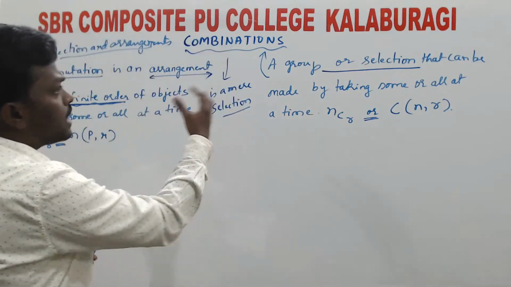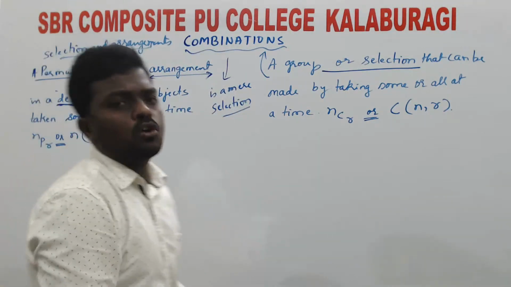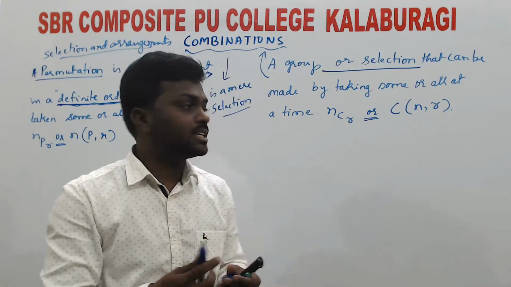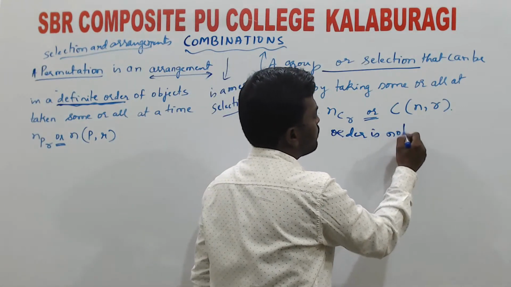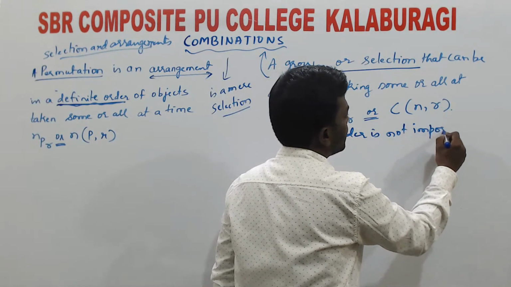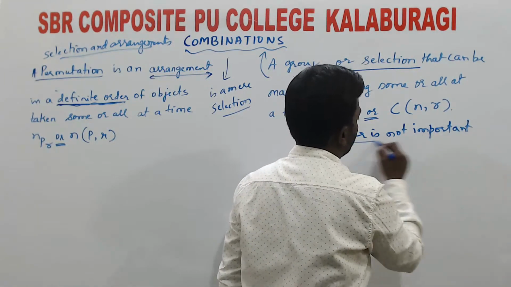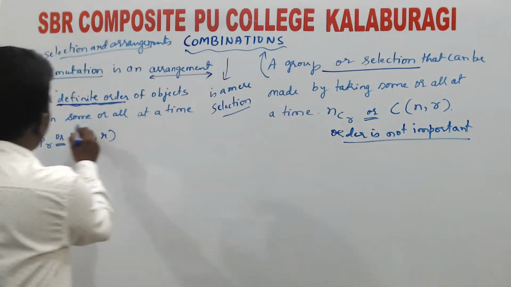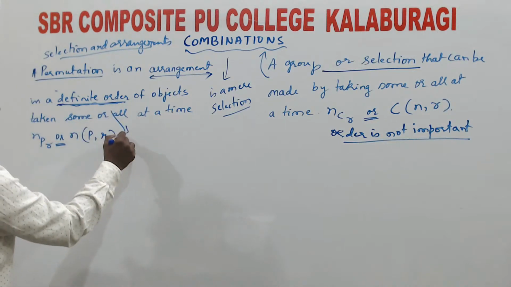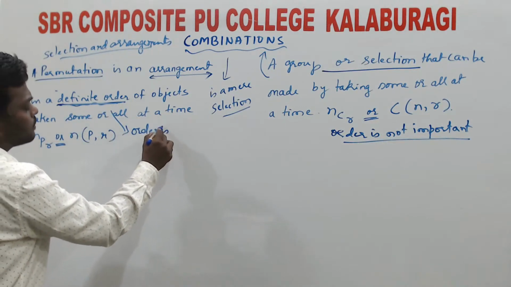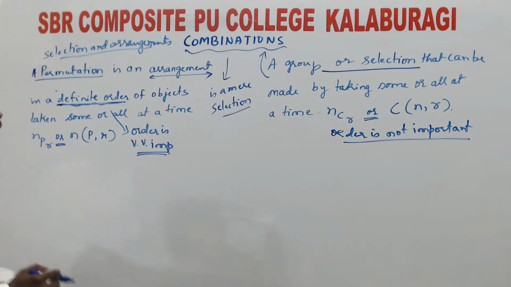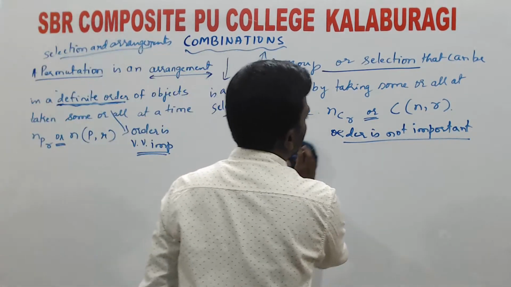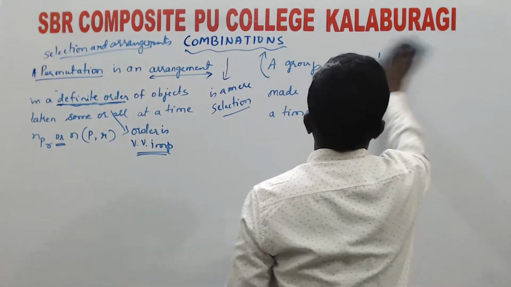And what do we mean by combination? Combination is nothing but just a selection, and here order is not important. Here order is not important, whereas in permutation order is very important. We shall see some examples and try to analyze the difference between a combination and a permutation.